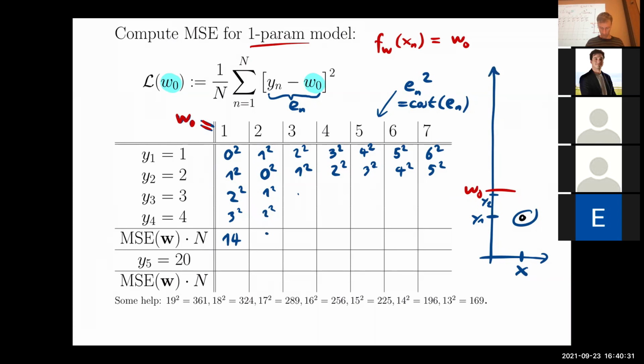So then the total cost is only 6. Same as here, if you do the math. And then when the model goes higher again, so the red line moves up here, the cost of that model on this data set of 4 points gets higher again.